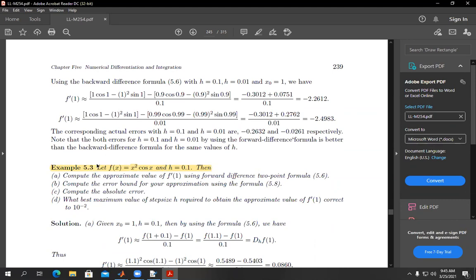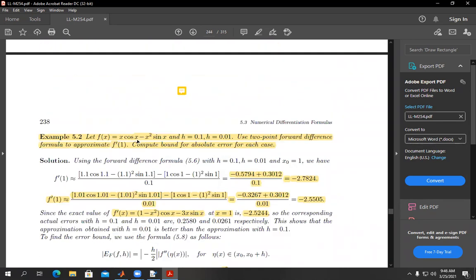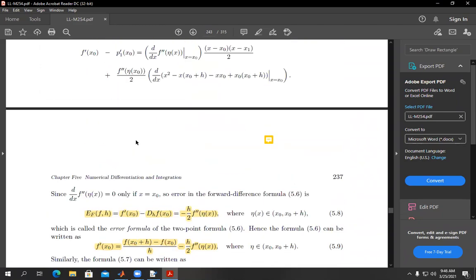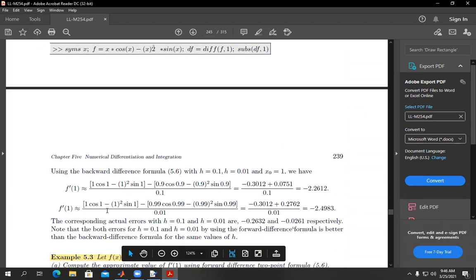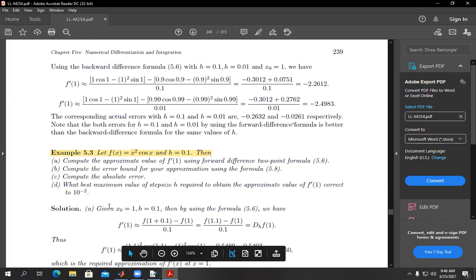If any example from the 2-point formula comes in the exam, either 5.1, which we finished, for the error, find the value of eta by using the error formula. We do this next time, inshallah. Right? Inshallah. How you did the exam, I don't know.